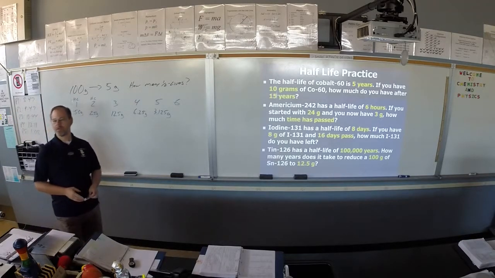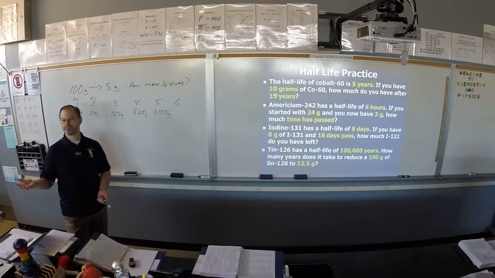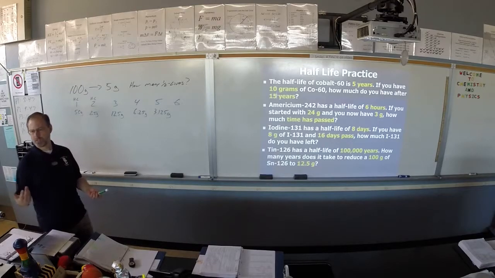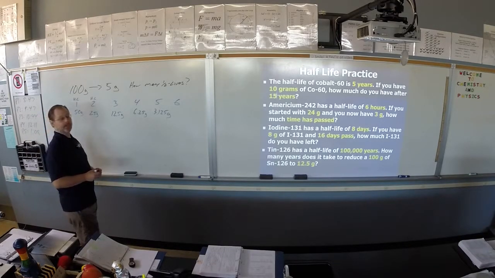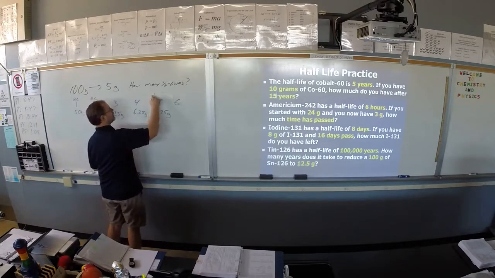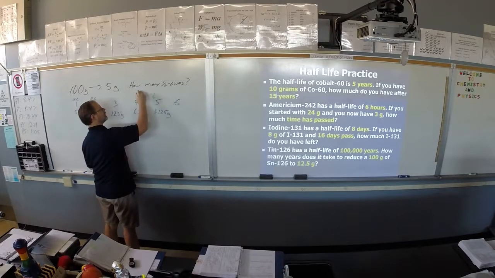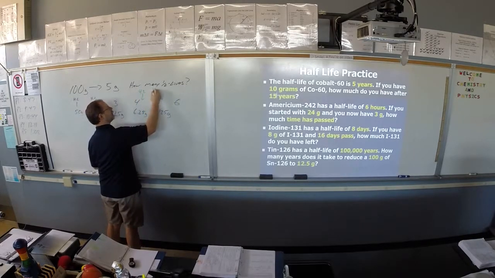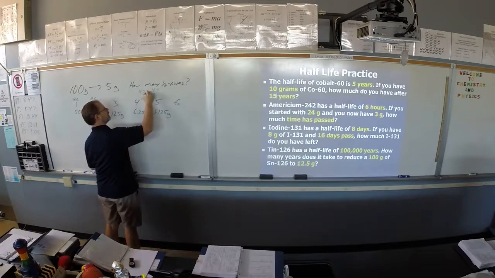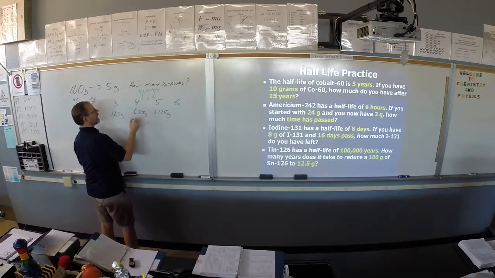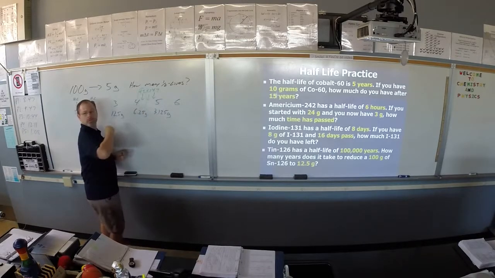So, who got a number larger than 4? Okay, so what did you come up with? Just throw a number out. 4.75? 4 1/4? Okay. So obviously we're closer to 6.25, so I think I'd estimate it about 4.2.